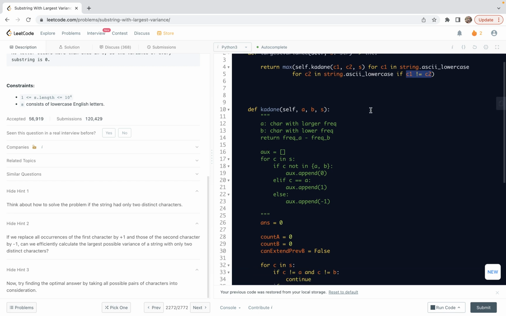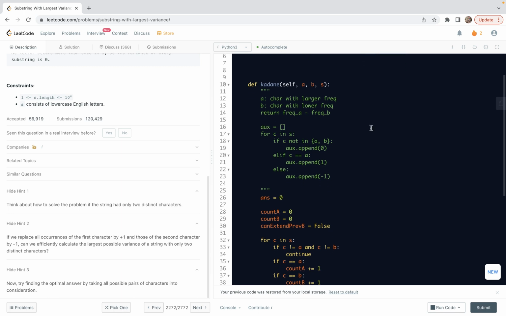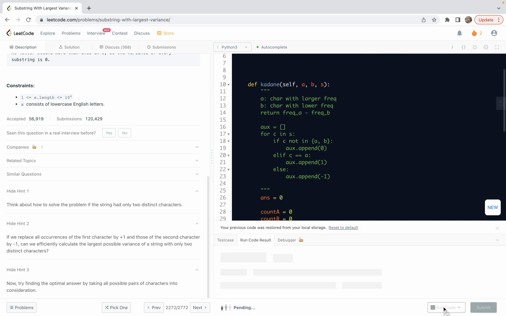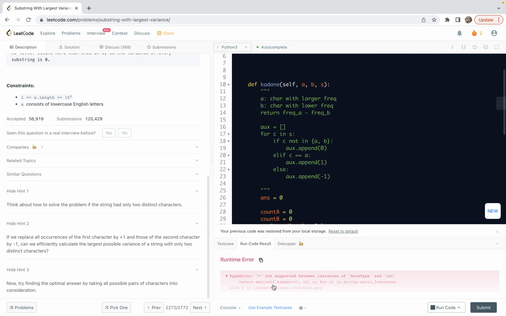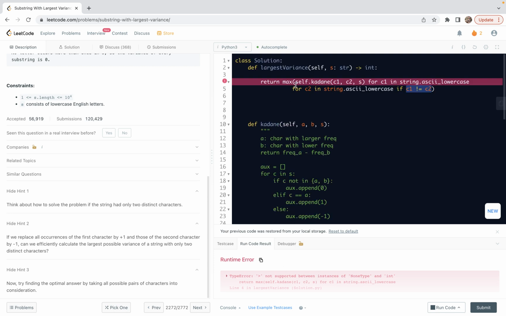With that said, we are done with the main coding part. Now let's do a test. Here, type error: not supported between None and integer. So this is line 4. Let's see max for C1 in lowercase.